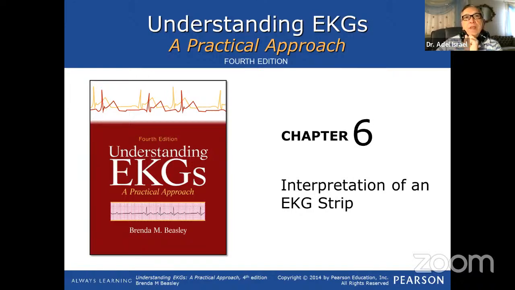This is number one. Number two, I need everyone to remember the location of the SA node. If you remember from yesterday, we mentioned that the SA node, S stands for sinus or sino, A stands for atrial, and node. What is the location? We realized yesterday it is located at the junction of the superior vena cava with the right atrium.